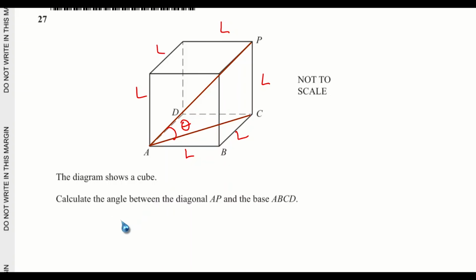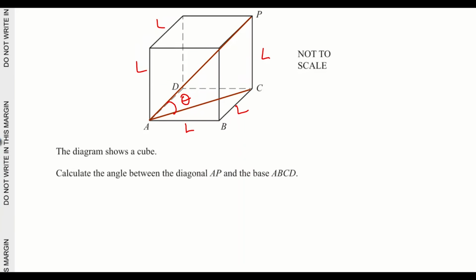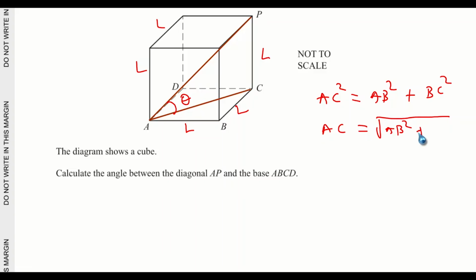So AC squared is equal to AB squared plus BC squared. So AC equals the square root of AB squared plus BC squared.